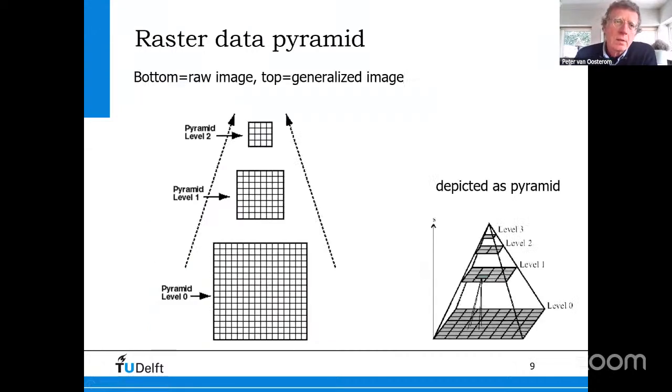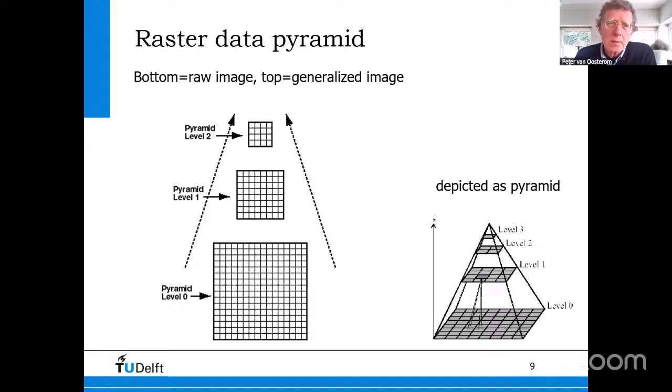Okay, here you see the example of a raster data pyramid. At the bottom, you have the highest level of detail, and then you go to higher levels in the pyramid. And then typically, say, 4 cells are being aggregated to 1 cell and get, for example, the average color, or if it's the height, say the maximum height or the average height.